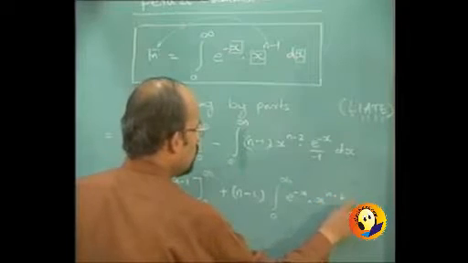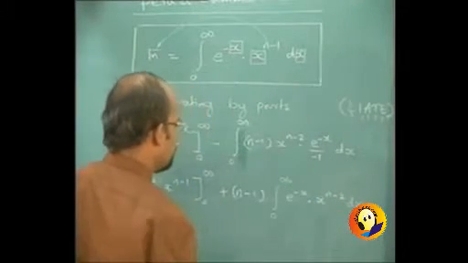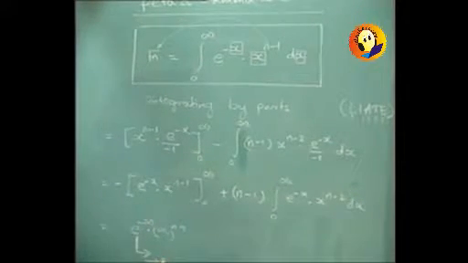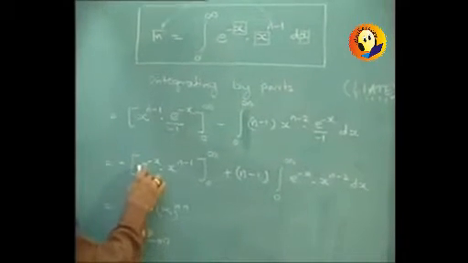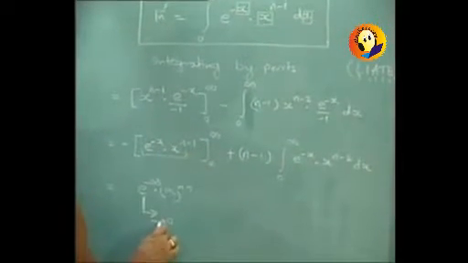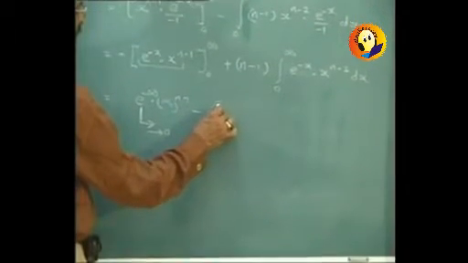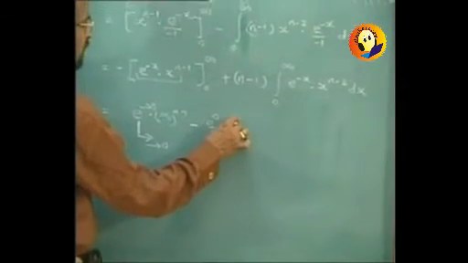Now when we substitute the upper limit, the first term will contain e raised to minus infinity into something like infinity raised to n minus 1. But remember that this e raised to minus infinity term will tend to 0. So the term at upper limit will come out to be 0, minus at lower limit, it will be e raised to 0 into 0 raised to n minus 1.